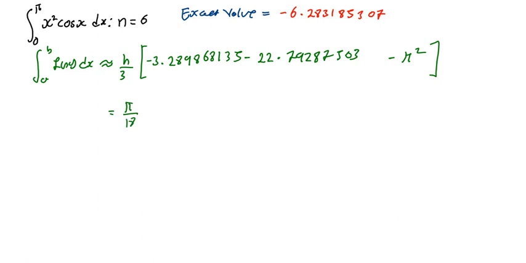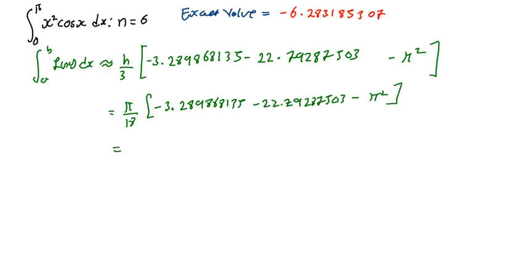Then you plug in everything that you have inside here, minus 3.289868135 minus 22.79287503 minus pi squared. Okay, so this is just going to give you a value that is like minus 6.274868388, like that.